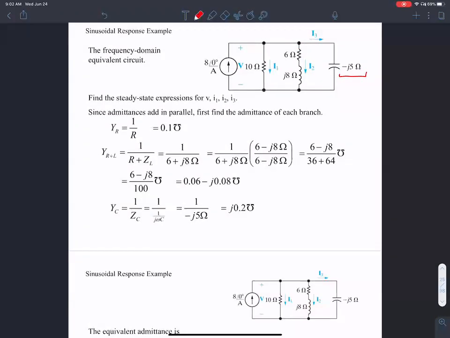In order to do that, I calculate the inverse of all of this. Let me call YR the admittance of a resistance, the inverse of this one. The sum of these two is R plus ZL, and when I calculate the inverse of that, I get the admittance of that branch.